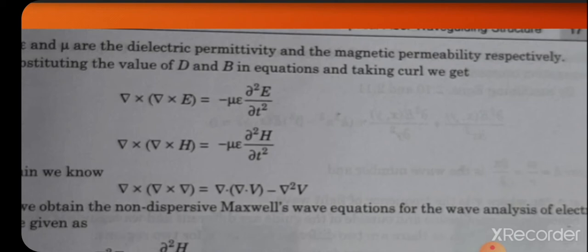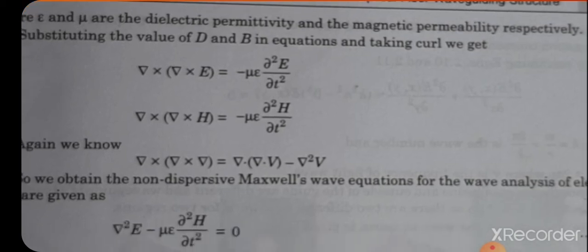So the left hand side of the equation becomes del square E. Okay. Similarly, in the case of del cross H, we are using the mathematical relation of del cross del. So we will get del square H on the left side. Okay. So we got del square E and del square H.